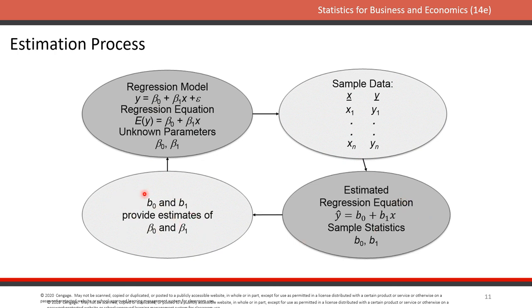So I have these b0 and b1 estimates for beta 0 and beta 1, and then I can go back and see what those values are. Again, remember, this is my initial question, what started everything out: what's the relationship between this x and this y?